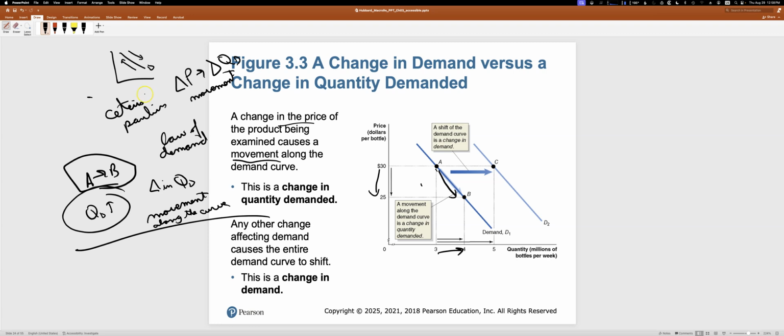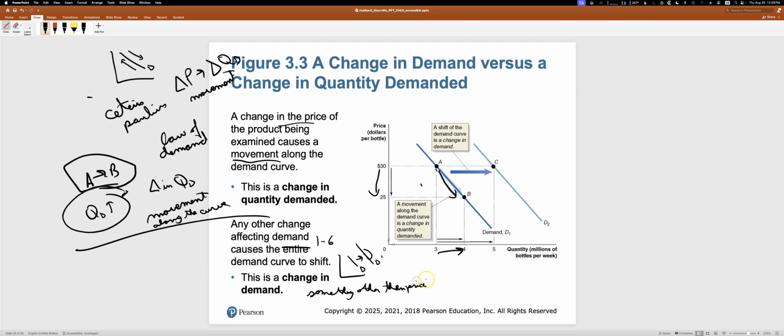That is very different than changing the whole demand. So that would be variables 1 through 6. Here we're saying the entire demand curve shifts, and it's caused when something other than the price changes.